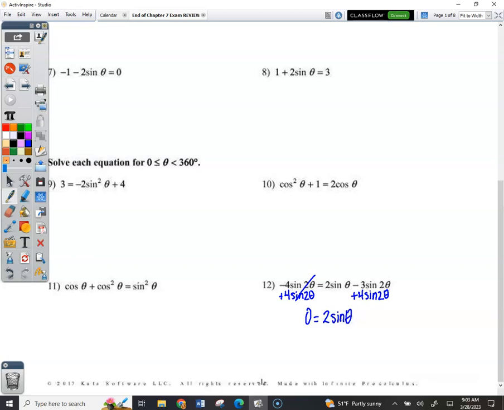And then negative 3 plus 4 would be positive 1. Right? You cannot really do anything with the sine of the double angle in there because in order to solve it, we needed to be basic trig, basic angle. So I replaced sine 2 theta with 2 sine cosine.